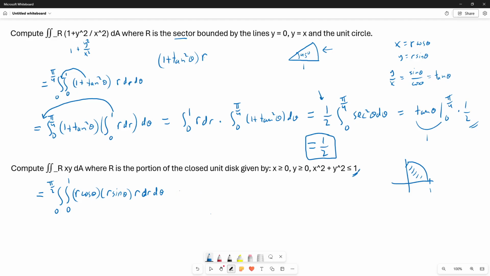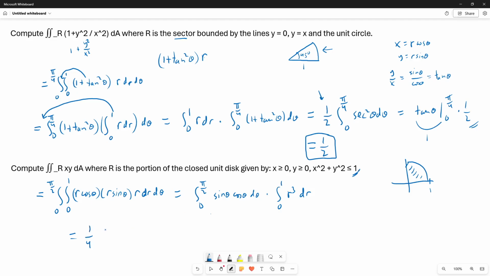So this is another separable function. So we could integrate the theta first, integral 0 to pi over 2, sine theta times cosine theta d theta, times the integral of the r function, 0 to 1, r, makes r cubed dr. The integral of r cubed from 0 to 1 is 1/4.